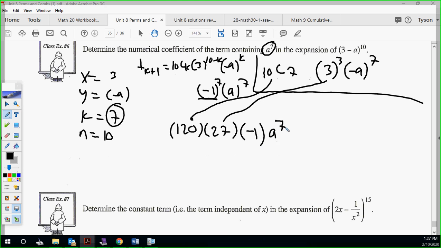And so this is what you're going to multiply to get your coefficient. Negative 1, 27, and 120. When you multiply those, you're going to get negative 3240 a^7. That is your term with an a^7. Okay? All right, I'll pause the video here so we can take a breath.